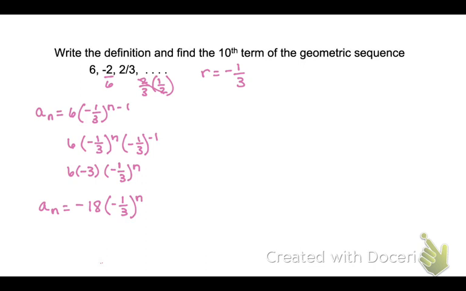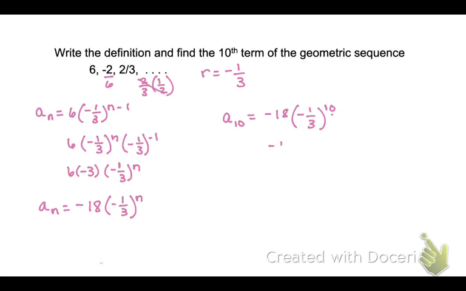Yeah. Okay, so now we plug in 10. So a sub 10 equals negative 18 times negative 1/3 to the 10th. Okay, so if I'm going to have a negative 1/3 to the 10th power, is it going to be positive or negative? Positive. It's going to be positive when I'm done, right?